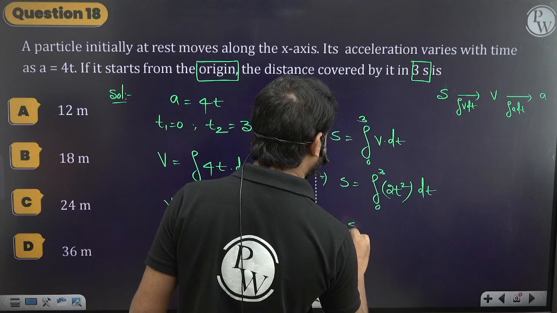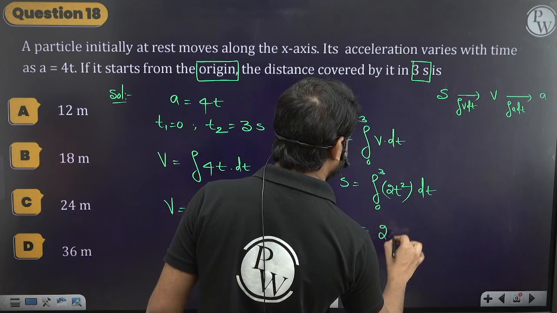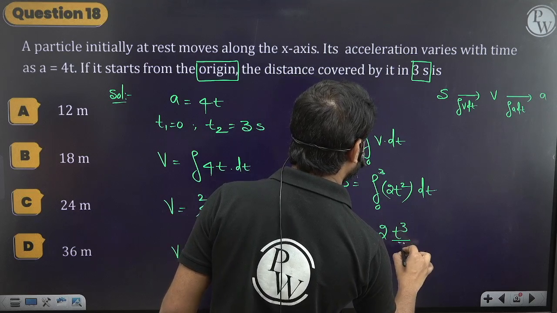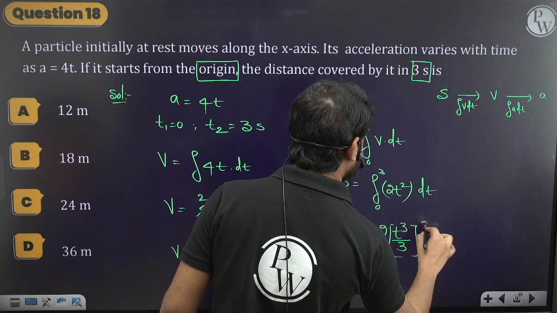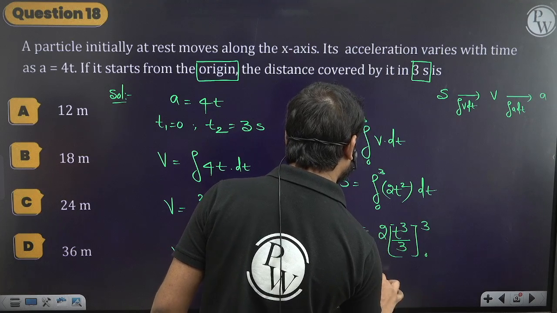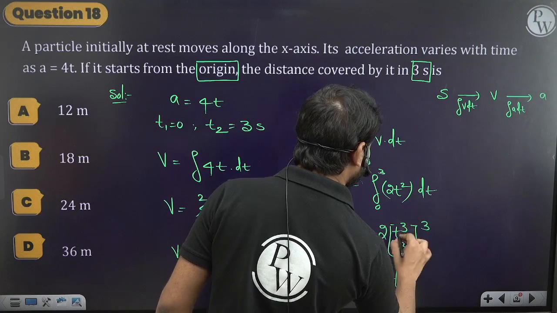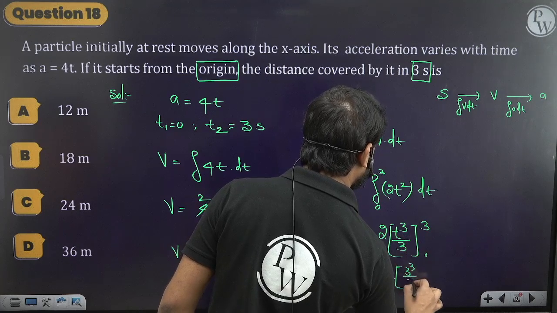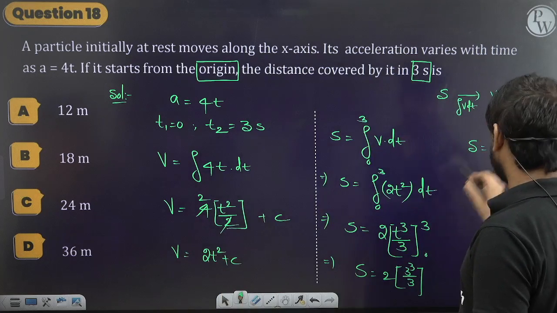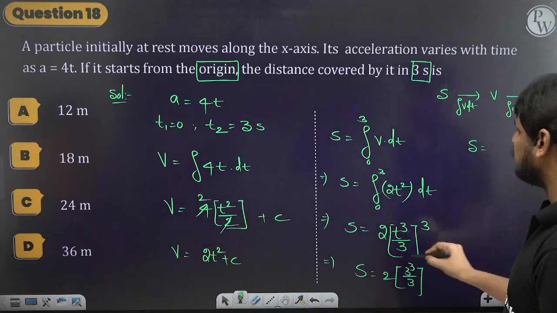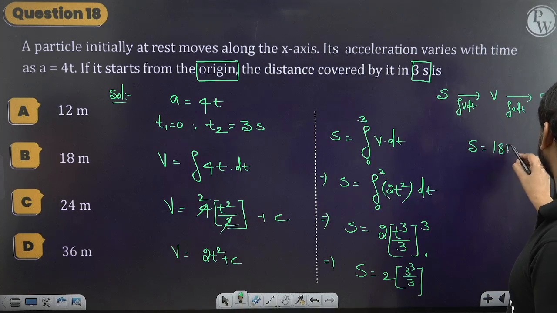From here I can write, this 2 comes out, and t cubed by 3, from 0 to 3. So s is equal to 2 into 3 cubed by 3. However, the lower limit part is going to be 0. So then s is equal to, the 3s cancel, 9 into 2, so 18 meters.